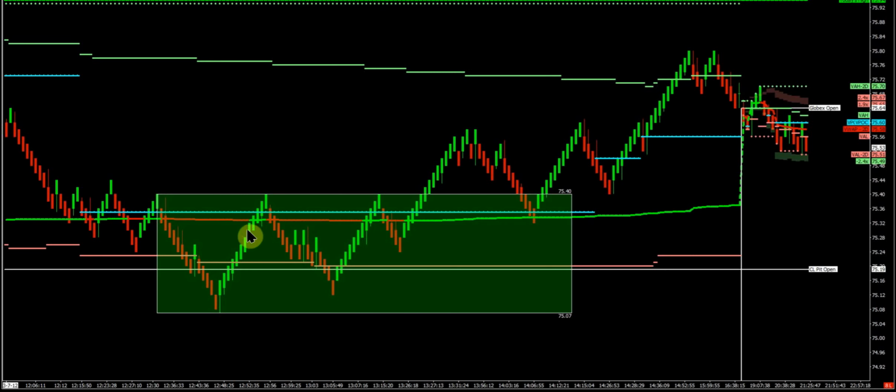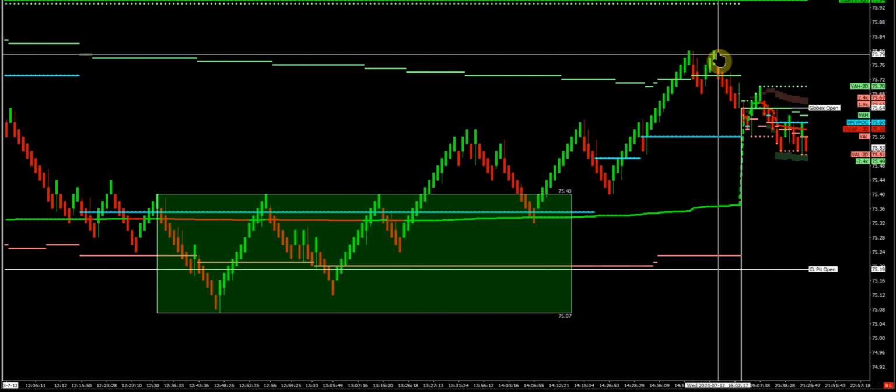Okay, so I've got 2 or 3 of these. I want my money back, right? I want my money back, so I've got to make $300 on this trade. So 75.33 to 75.63, right? This was a $400 move. So 75.33 to 75.79.